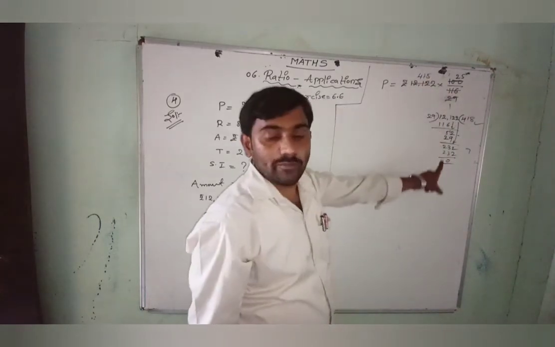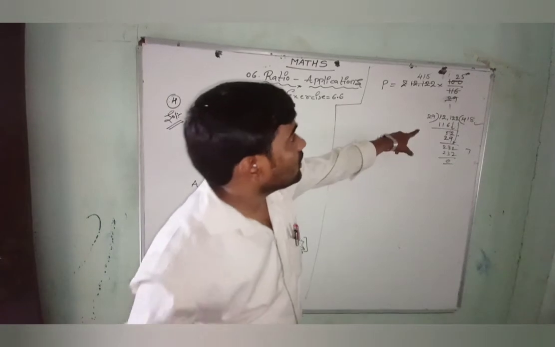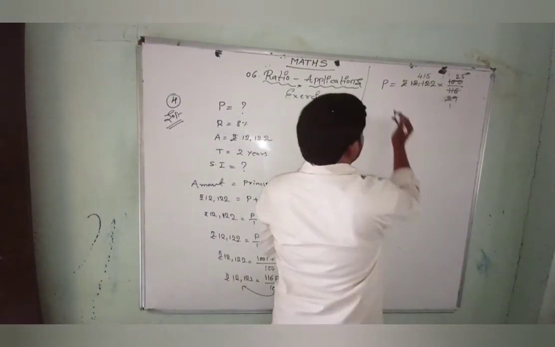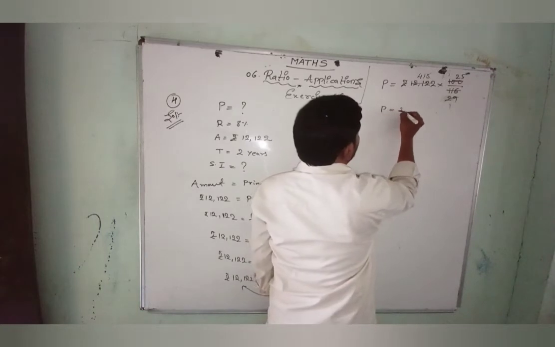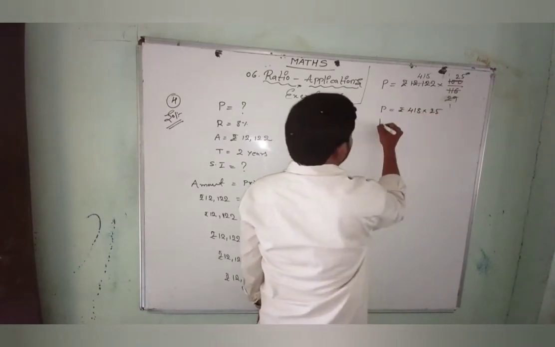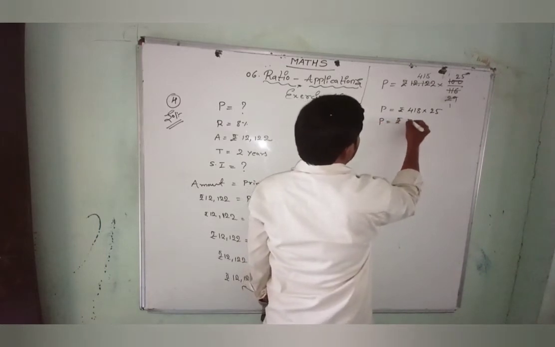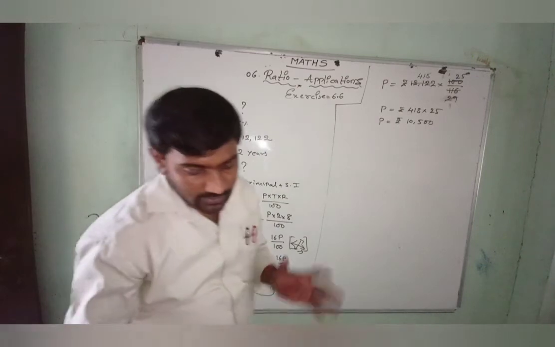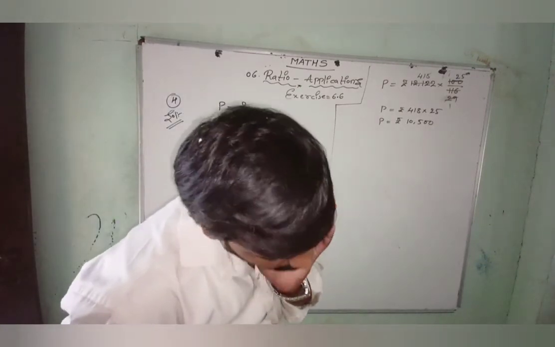This division you copy, children. I am going to rub this now. Yes. Now this principal equals rupees 418 into 25. Therefore the principal equals rupees 10,500 you may get. That is rupees 10,450.